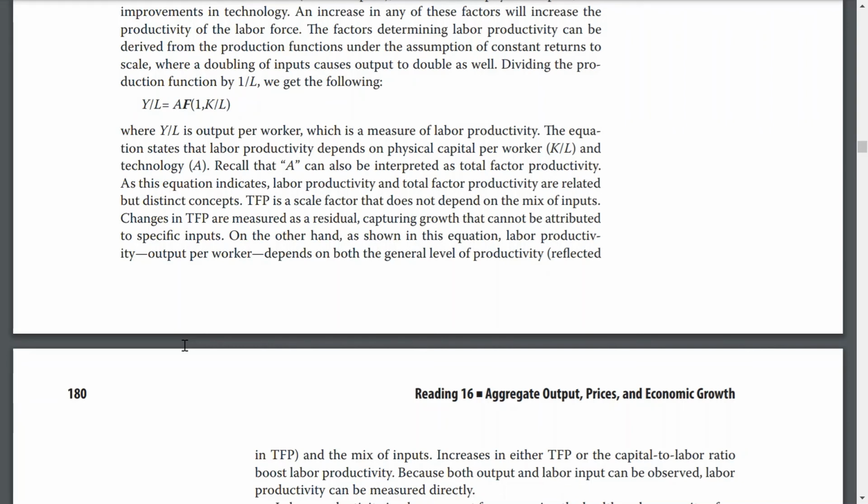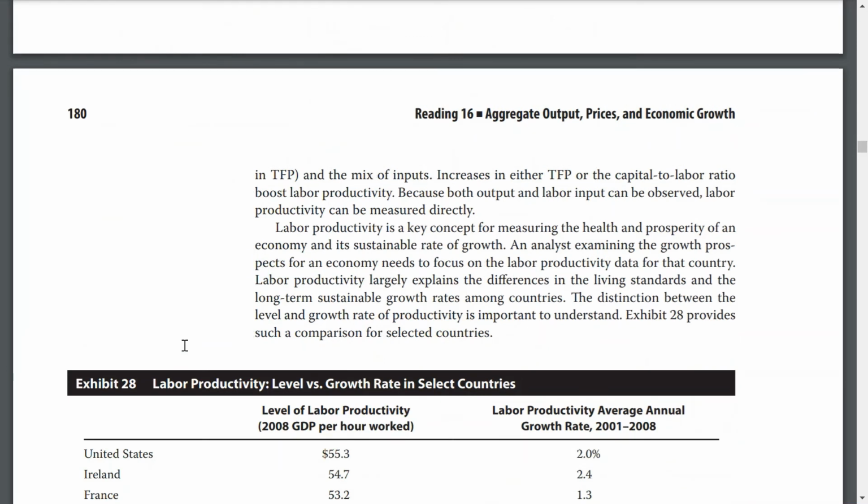On the other hand, as shown in this equation, labor productivity, output per worker, depends on both the general level of productivity reflected in TFP and the mix of inputs. Increases in either TFP or the capital-to-labor ratio boost labor productivity. Because both output and labor input can be observed, labor productivity can be measured directly.